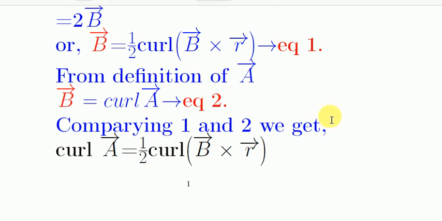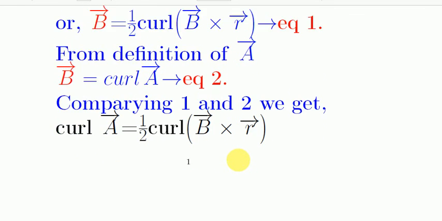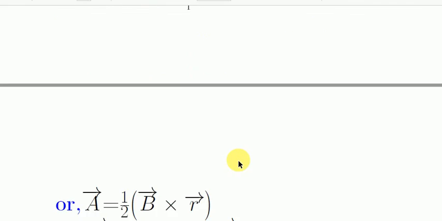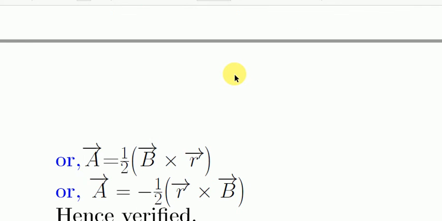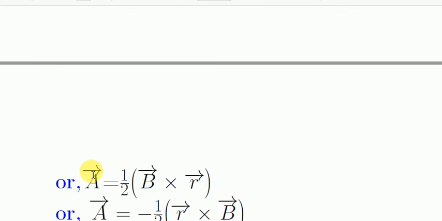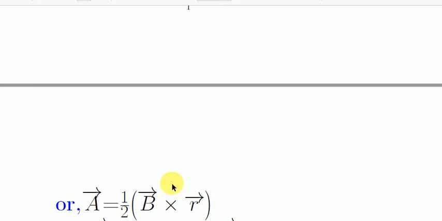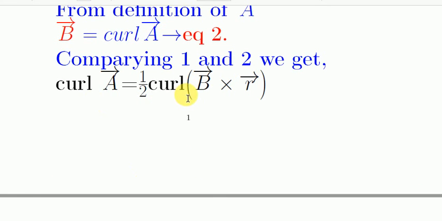Comparing 1 and 2, we get curl A equals half of curl B cross R. So we can say A equals half times B cross R.